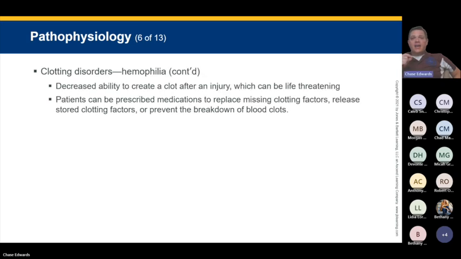People with hemophilia A have a decreased ability to create a clot after an injury, which can be life-threatening. They'll bleed, bleed, and bleed, right? Patients with hemophilia A can be prescribed medications to replace the missing clotting factors, release stored clotting factors, or prevent the breakdown of blood clots as well.